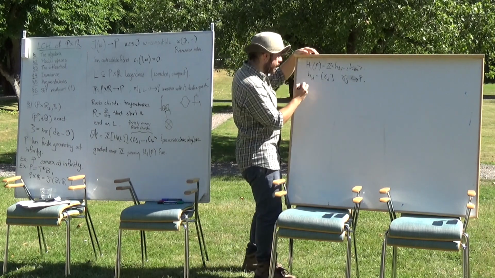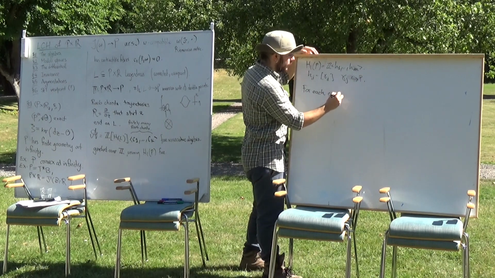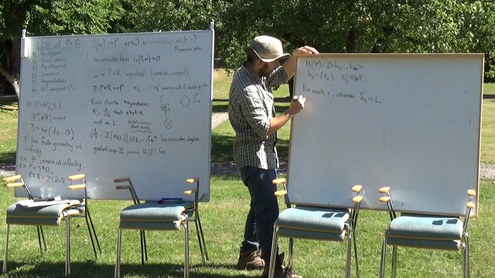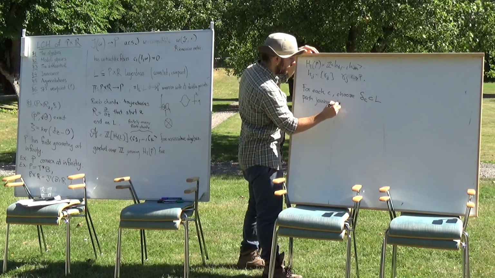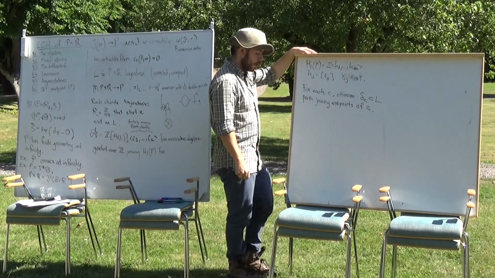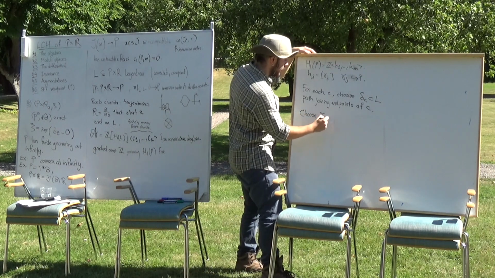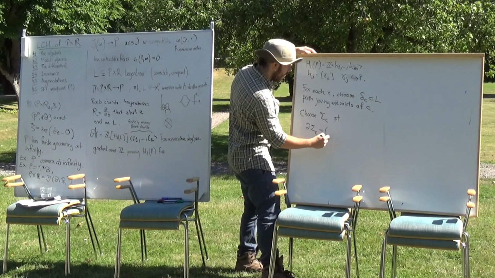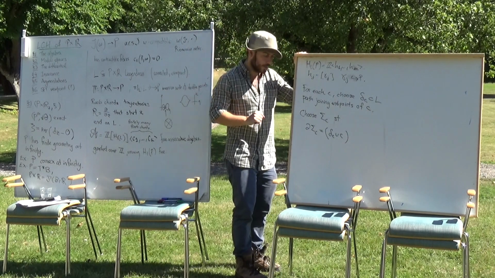And now for every Reeb chord C, I'm going to choose a capping path, which is a path in L joining the endpoints of C. And I'm going to choose, even further, a surface sigma sub C, which realizes a homology between, on the one hand, the union of this capping path and the chord, which is some fixed loop.